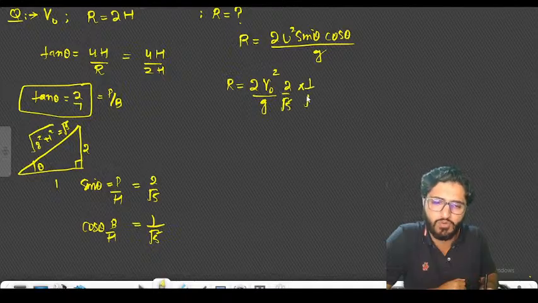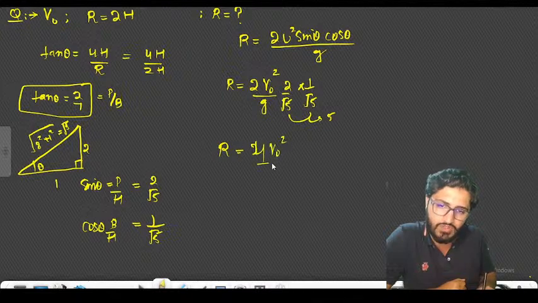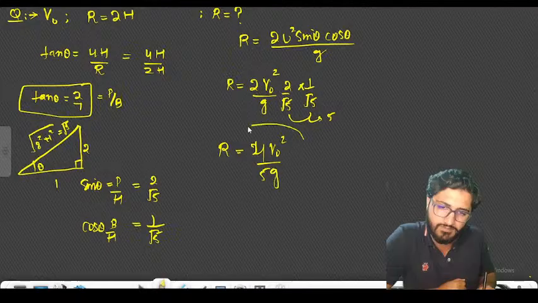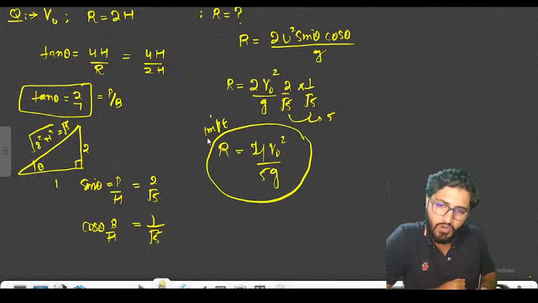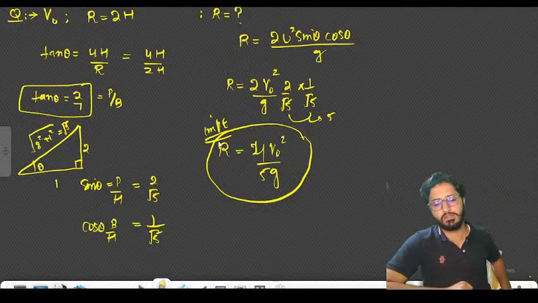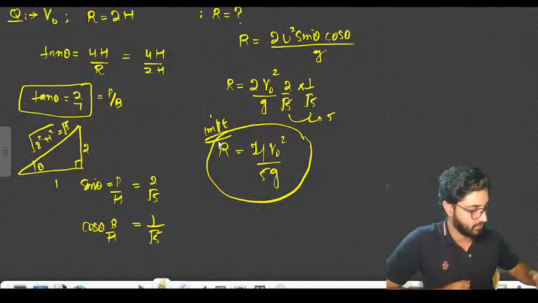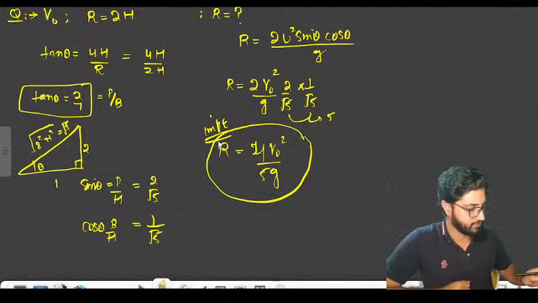Cos theta is B by H, 1 divided by root 5. Root 5 times root 5 is 5 only. So range came out to be 4. I can write 4 v naught square divided by 5g. This is my answer. Important.